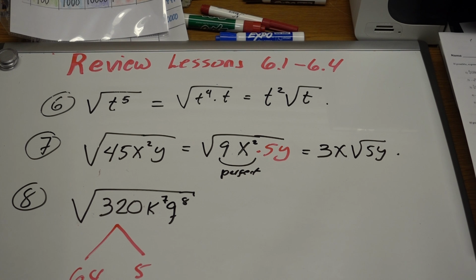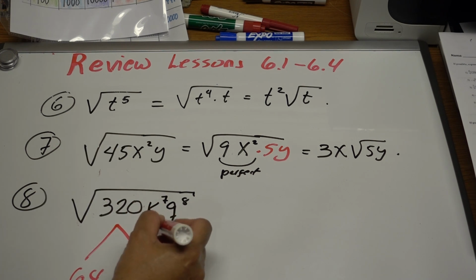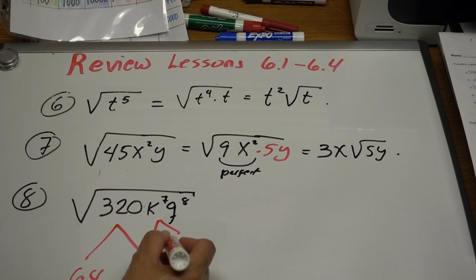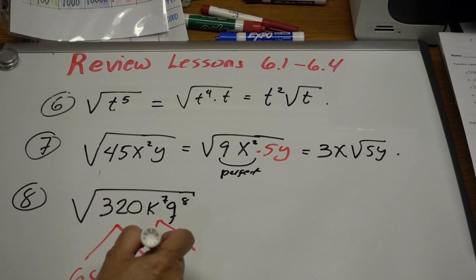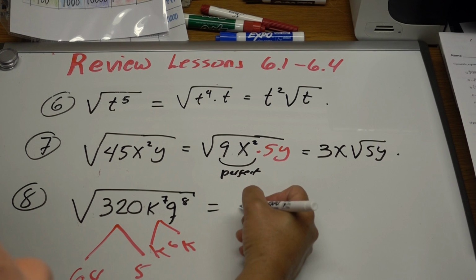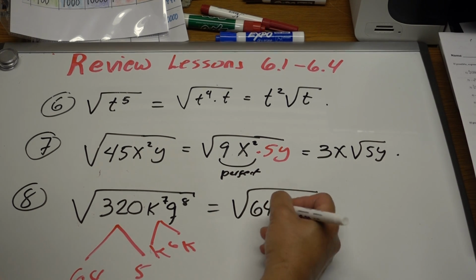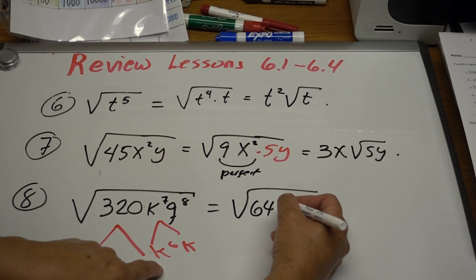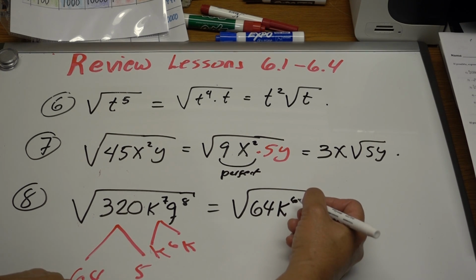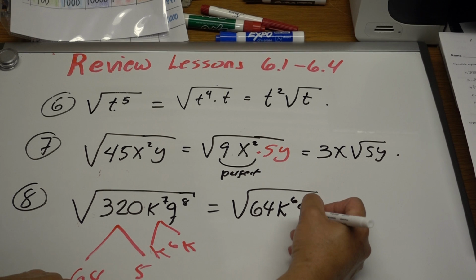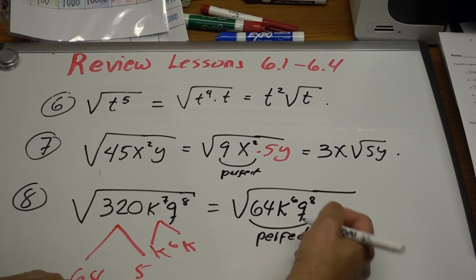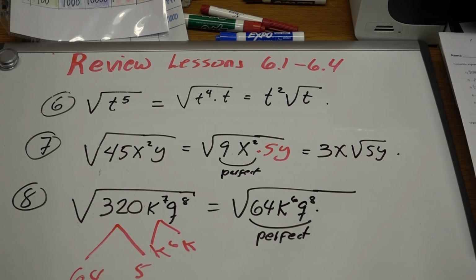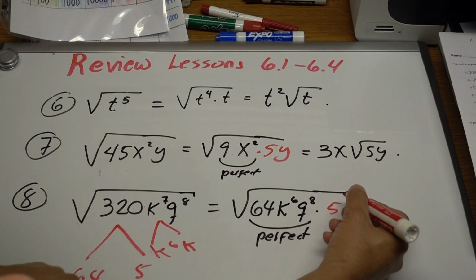K to the 7th can also be k to the 6th times k. And q to the 8th is perfect, so that one stays there. So I'm going to write 320 as the multiplication of 64, k to the 6th power, q to the 8th is perfect so it stays next to that part, now times the rest of it, which is 5k.